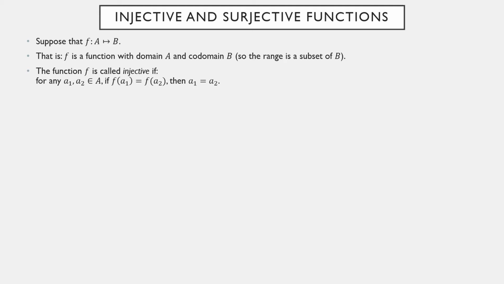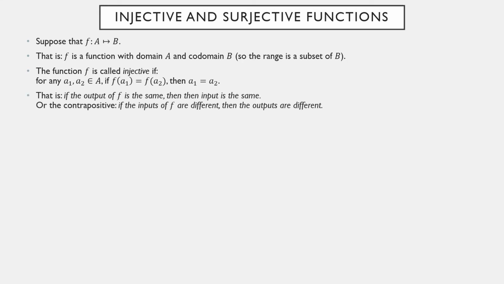If f of two things are equal, then they started out as equal. That's called an injective function. Notice, if the output of the function is the same, then the input must have been the same. The contrapositive of this statement: if the inputs were different, then the outputs are different.